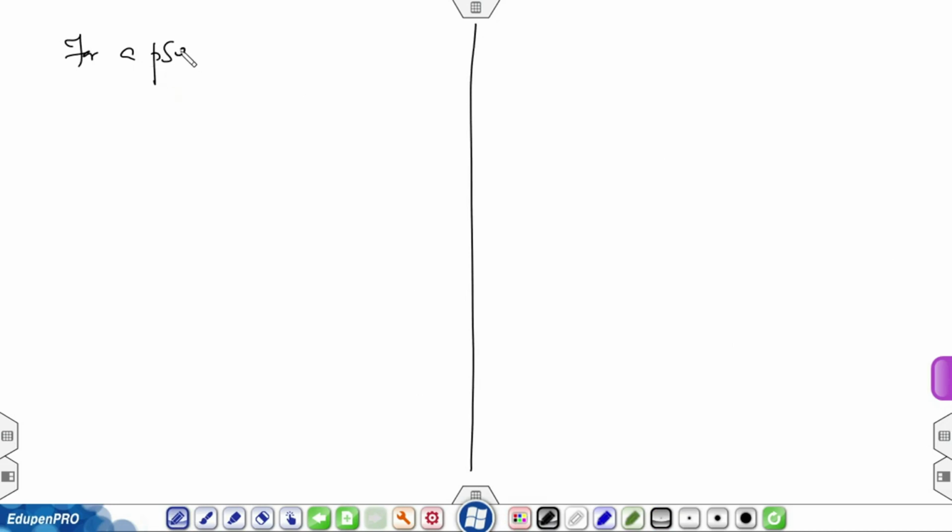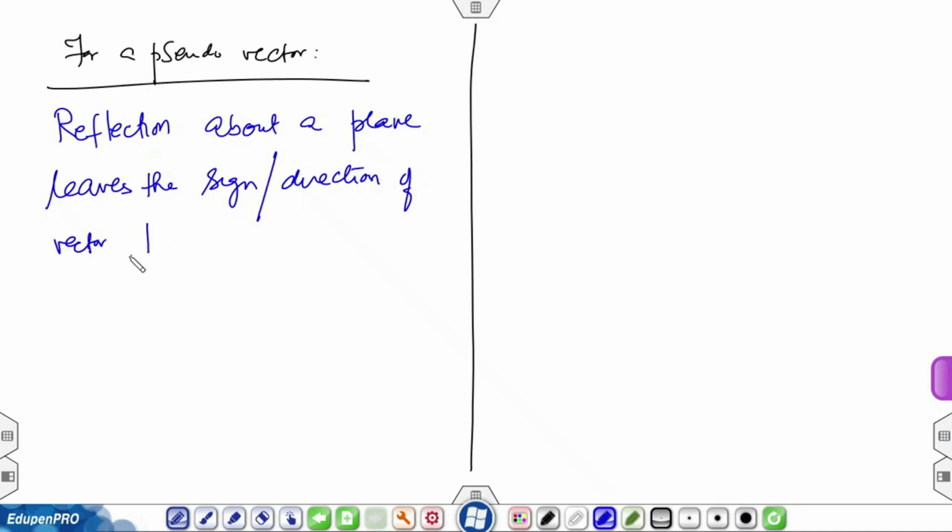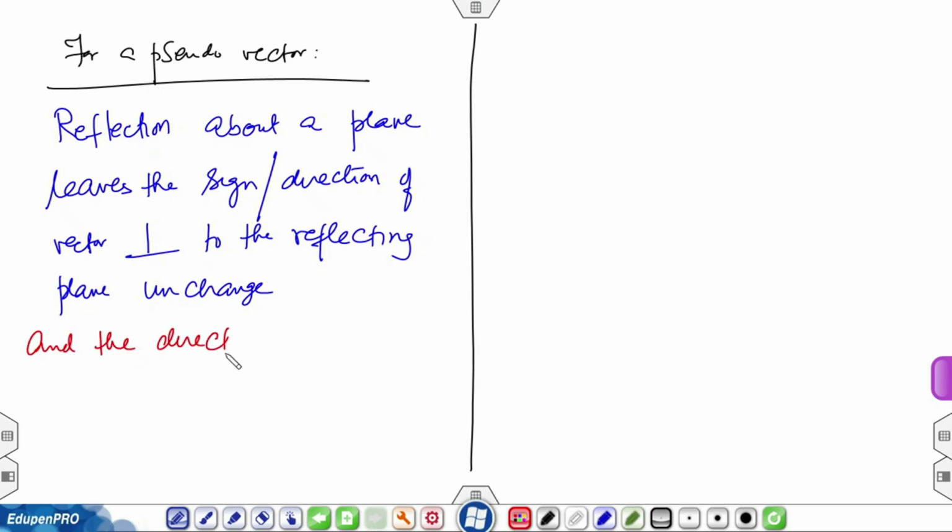For a pseudo vector, reflection about a plane leaves the sign or the direction of vector perpendicular to the reflecting plane unchanged, and the direction of vector parallel to the reflecting plane flips.